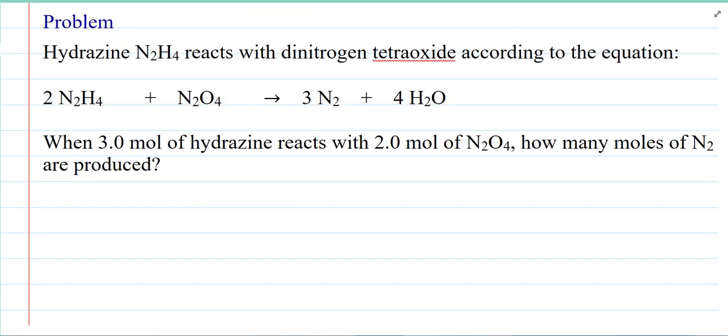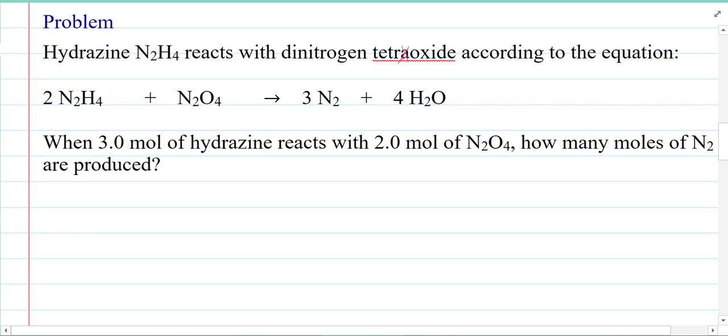One more example of limiting reactant here. Hydrazine reacts with dinitrogen tetroxide, and technically speaking, there should not be an A there, but I leave it there just because, again, I'm not going to grade you wrong if you don't drop the A. So hydrazine reacts with dinitrogen tetroxide according to the equation below. 2 N2H4 plus N2O4 going to 3 N2 and 4 waters.